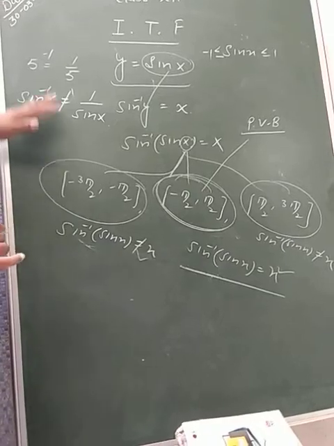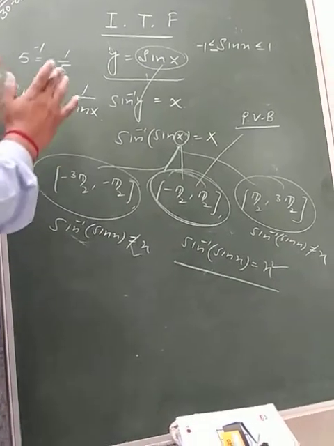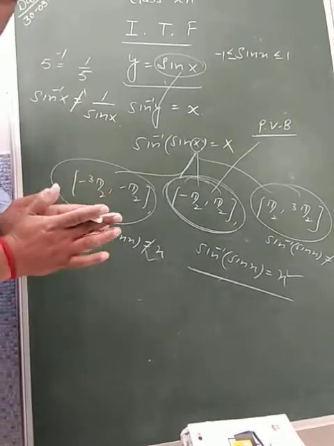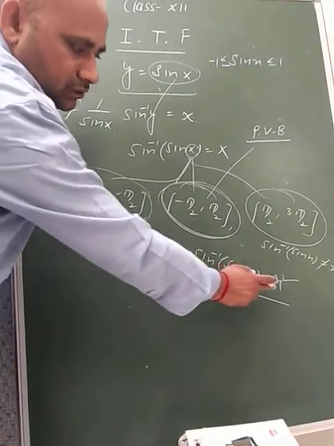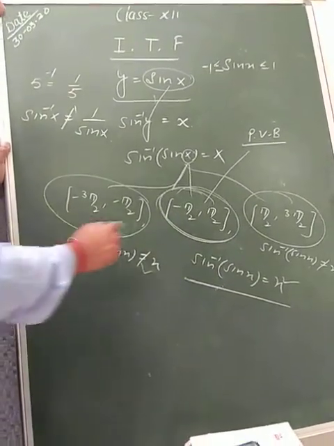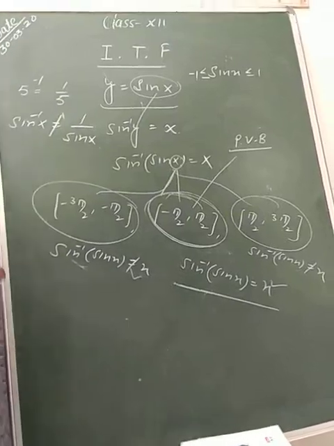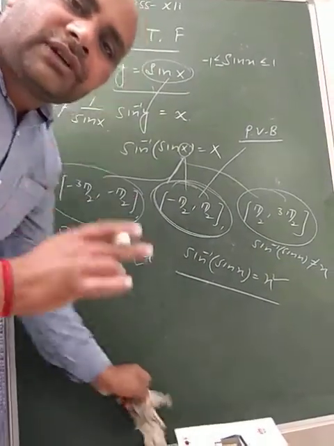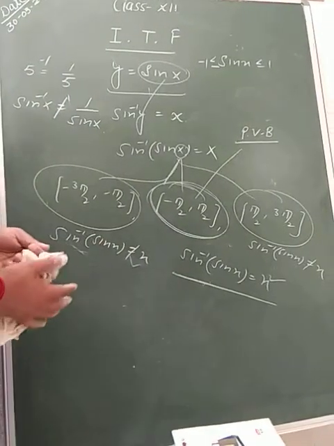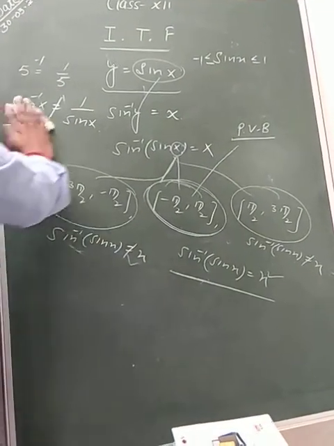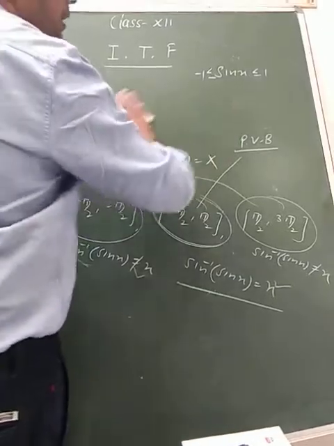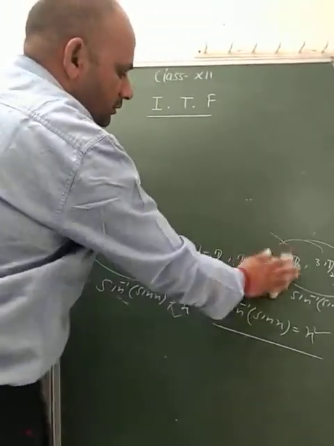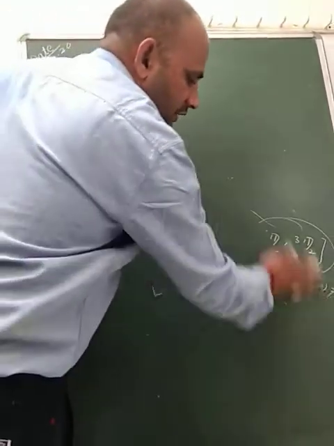So now we have discussed that the sine function has a specific branch in which the result is equal to x. Therefore that branch is called the principal value branch. Each trigonometric function has a principal value branch. We will discuss the principal value branch of each trigonometric function.